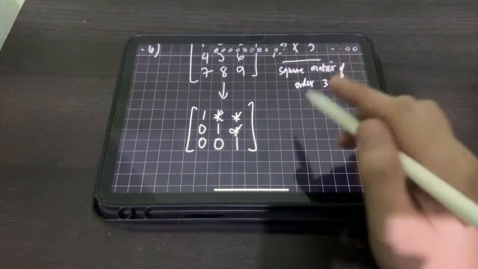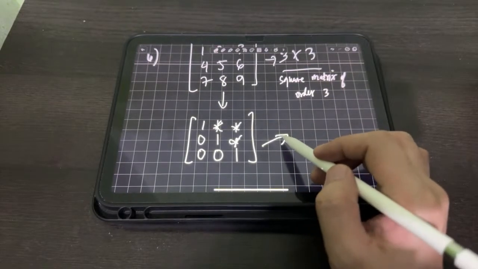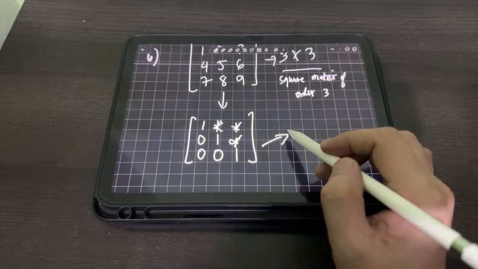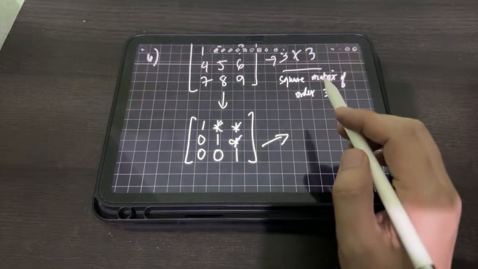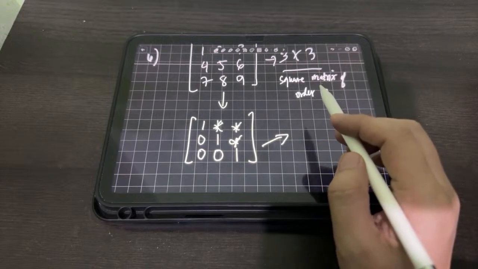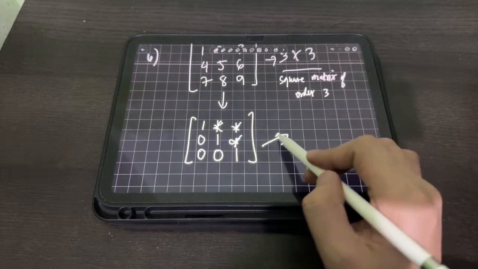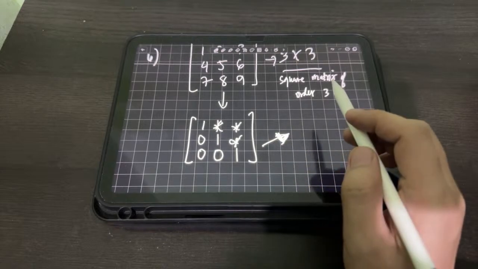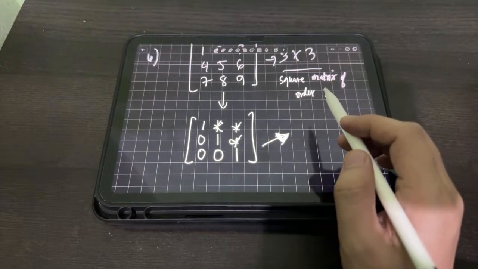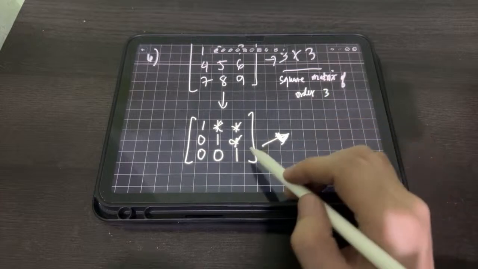Again, if you're confused why this is the required REF, go back to my video entitled the row echelon form and reduced row echelon form of matrices. I explained there the forms of REF and RREF of a matrix.